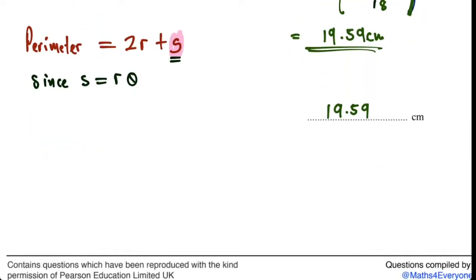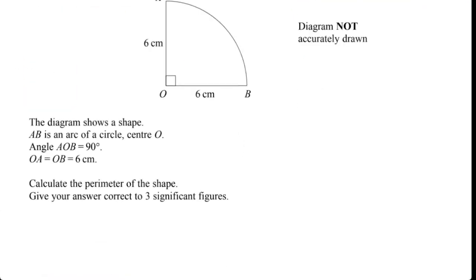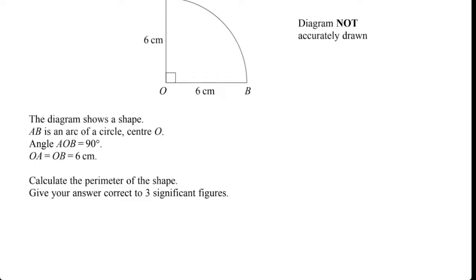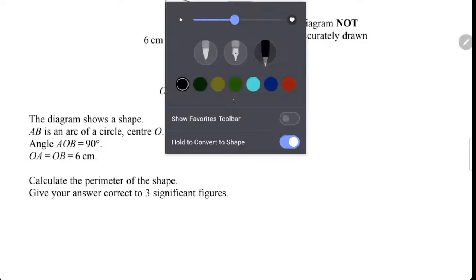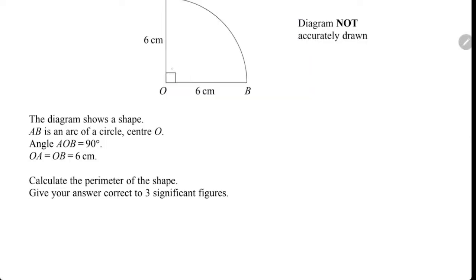Right. Here's the next one. Calculate the perimeter. So you should make sure your theta is in rad in the first place. They did not tell you, but you know this is 90 degrees because it's a right angle.